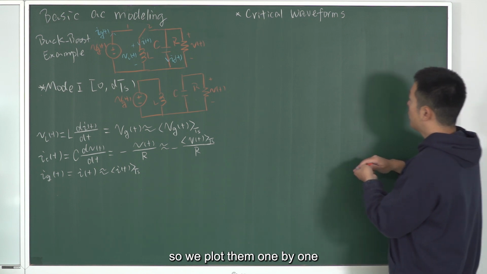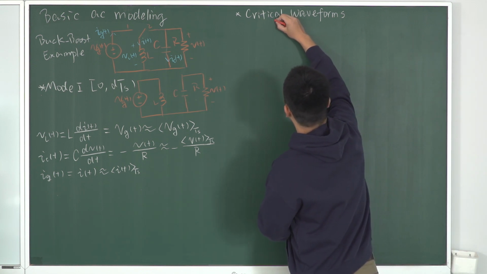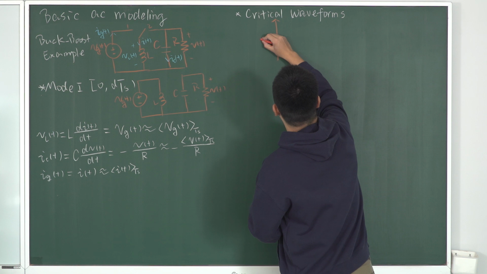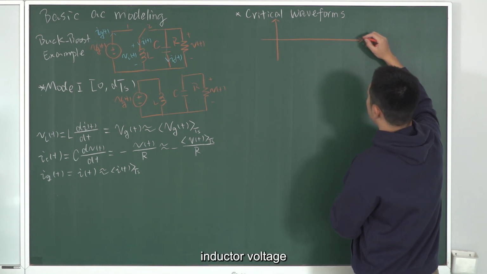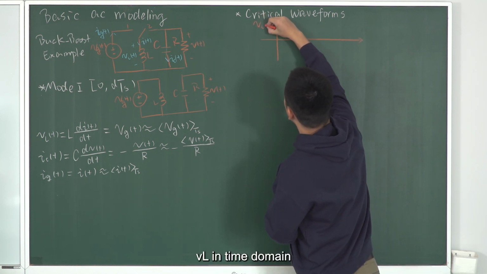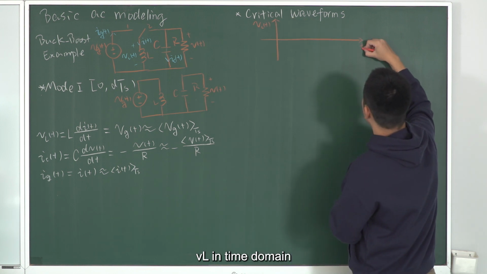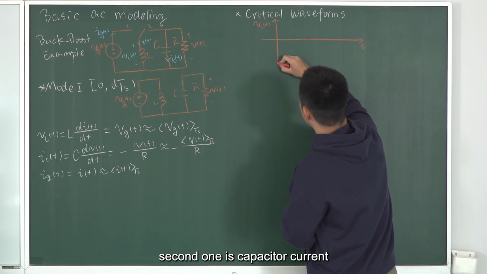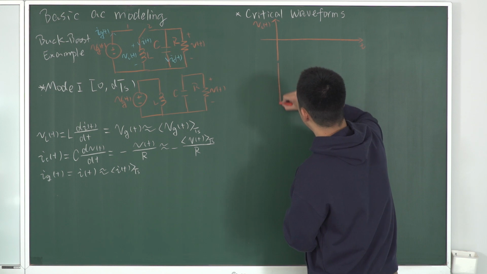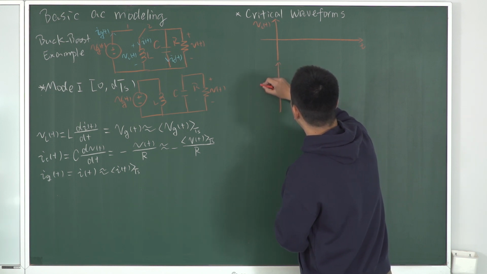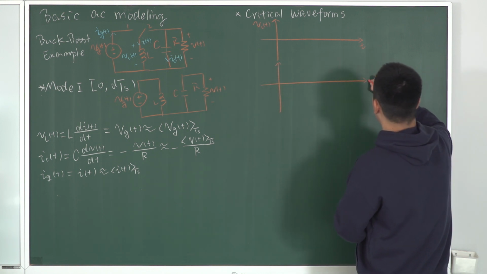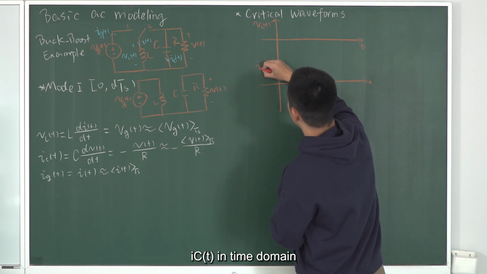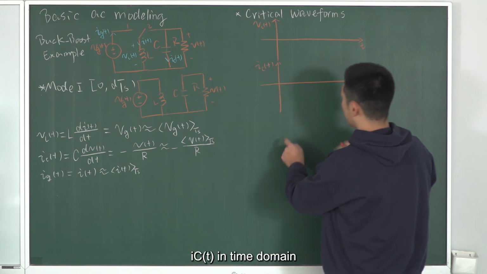So we care about three signals, right? We plot them one by one. First one will be the inductor voltage, vL, in the time domain. Second one is the capacitor current, iC(t), in the time domain.